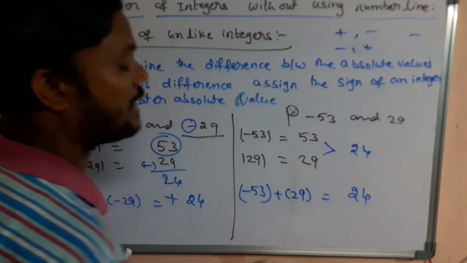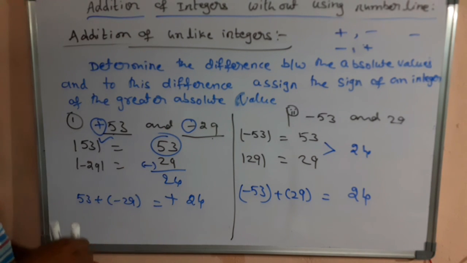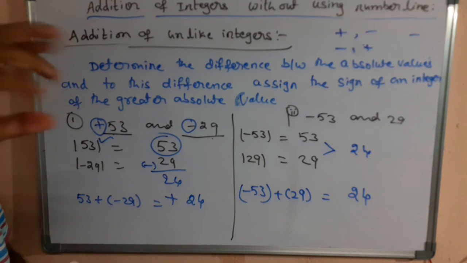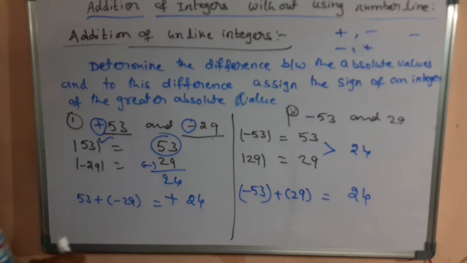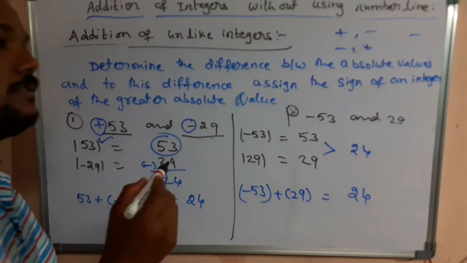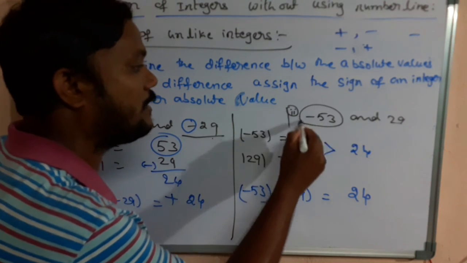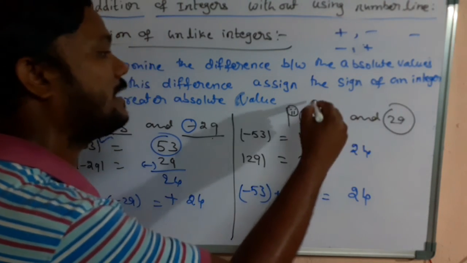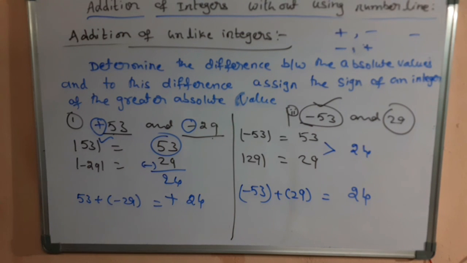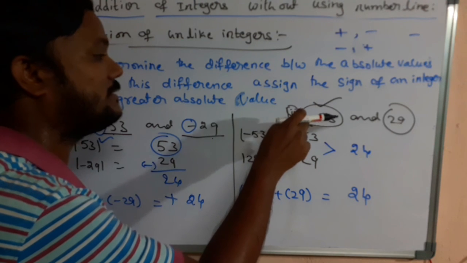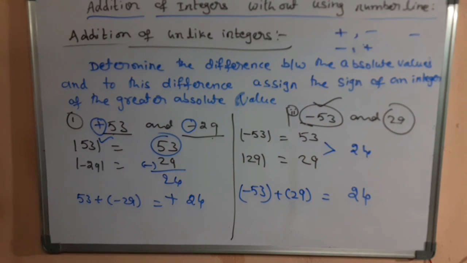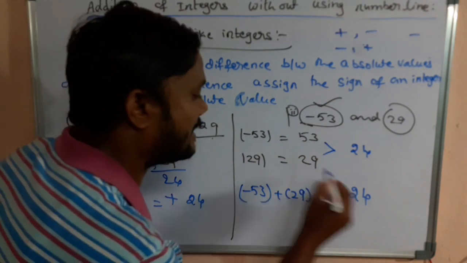Whether it is positive or negative depends upon the integer which has the greater absolute value. Which integer has the greater absolute value, minus 53 or 29? Minus 53. So for that integer, which sign do we have? Minus. So the answer will be negative.